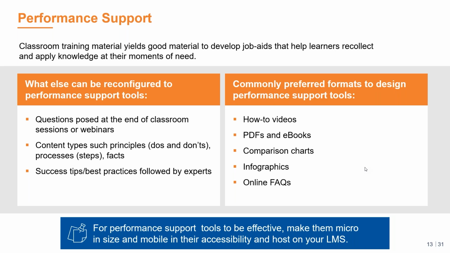So there is a wide variety available when we want to deploy some of this core ILT material even in the form of performance support. The tip here is that for them to be effective, make them micro in size, make sure that they're accessible through smart devices, and host them on your LMS to really increase the reach.